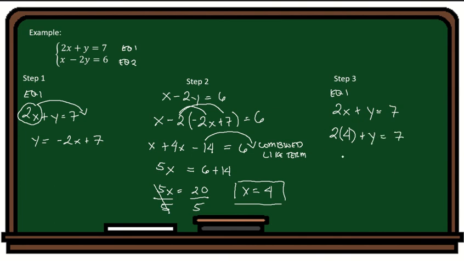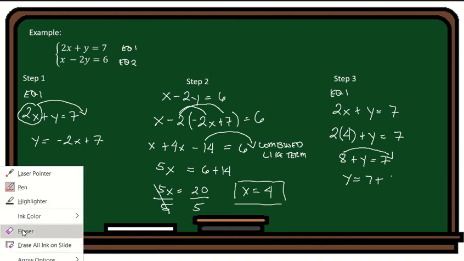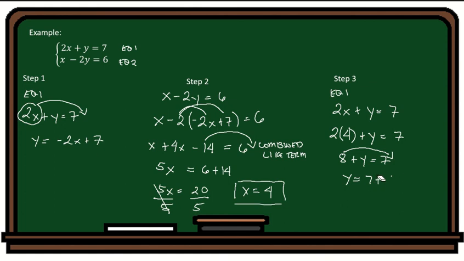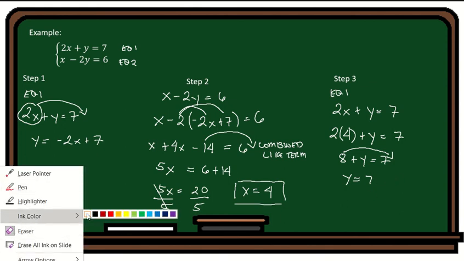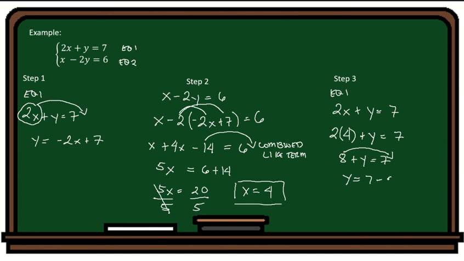So we have 8 plus y is equal to 7. Combining like terms, you cannot add y to 8, so we will transpose 8 to the other side of the equation. So we have y is equal to 7 minus 8, because when we transpose, the sign of the number changes. So negative 8. We have now the value of y, which is equal to negative 1.